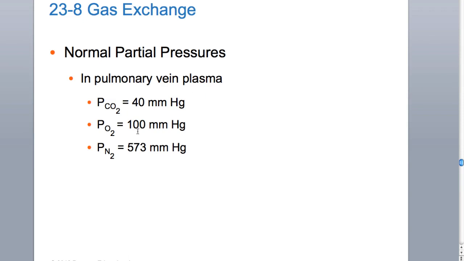Nimish, I see something there. So if the outside air is 160 and your pulmonary vein is 100, then that means that oxygen has a driving force that wants to do what? Come into the body, and what would that be called? From outside air to alveoli? That's pulmonary ventilation.